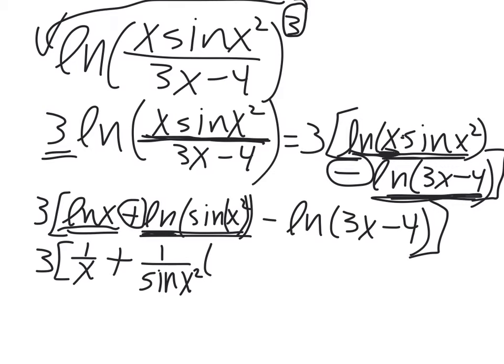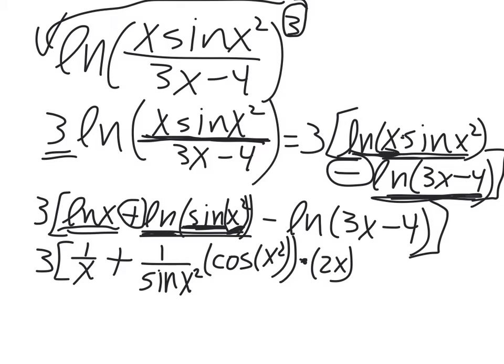What's the derivative of sine x squared? It would also be a chain rule. Outside of this part is sine, so derivative of the outside is what? Okay, cosine of what we have on the inside, and then finally times the derivative of the inside, which is 2x.